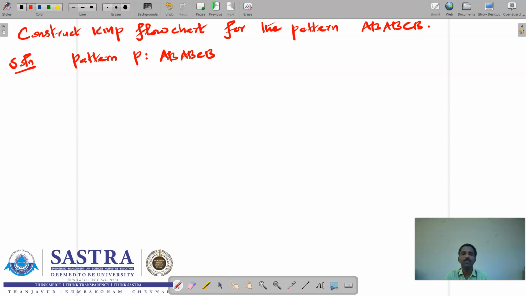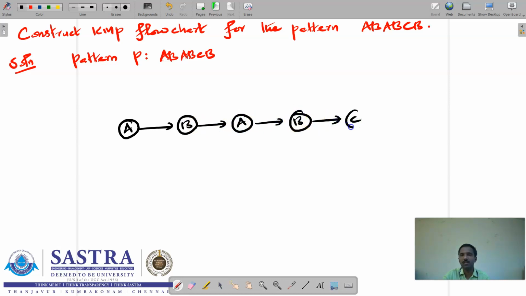The first step is we need to fix the successful links. To fix the successful links, we take the pattern characters as the corresponding nodes. So here node values are A, B, A, B, C, B. The last node is the termination character star.